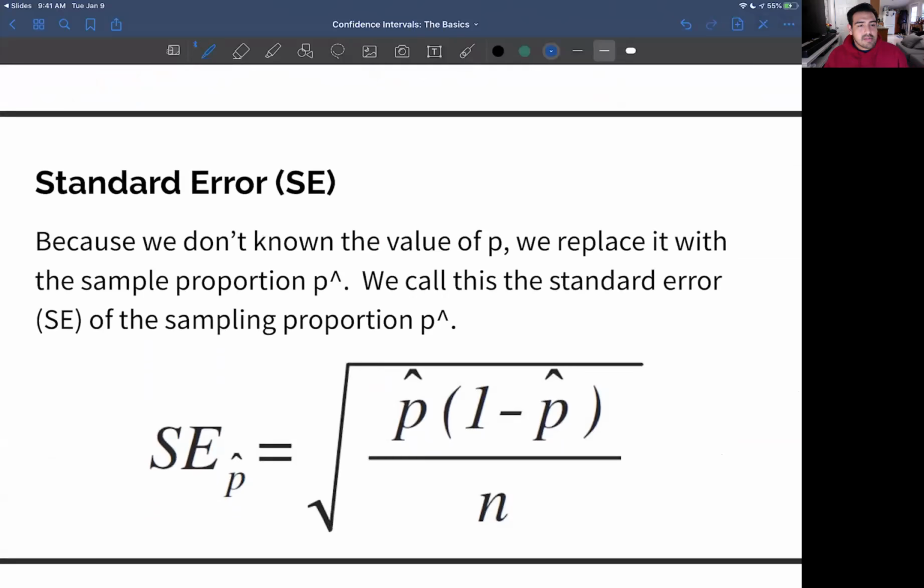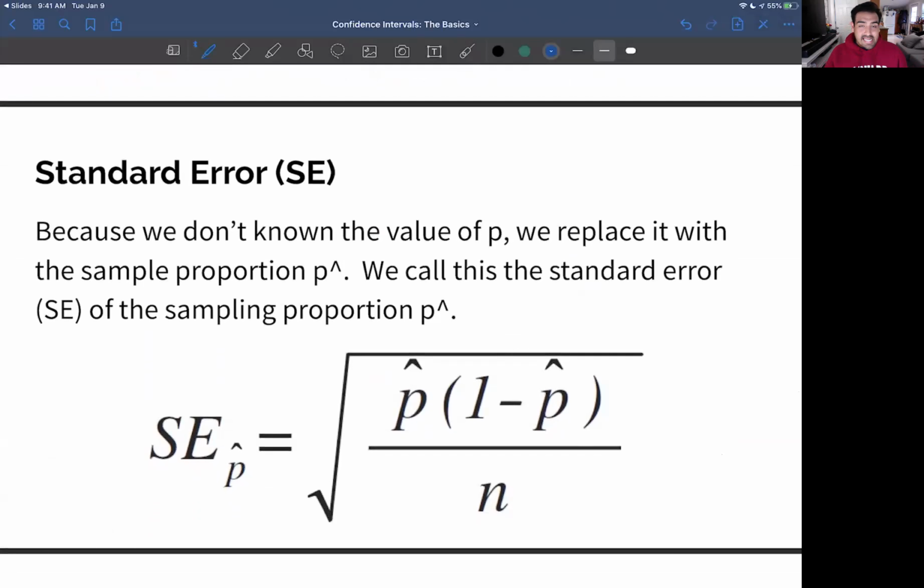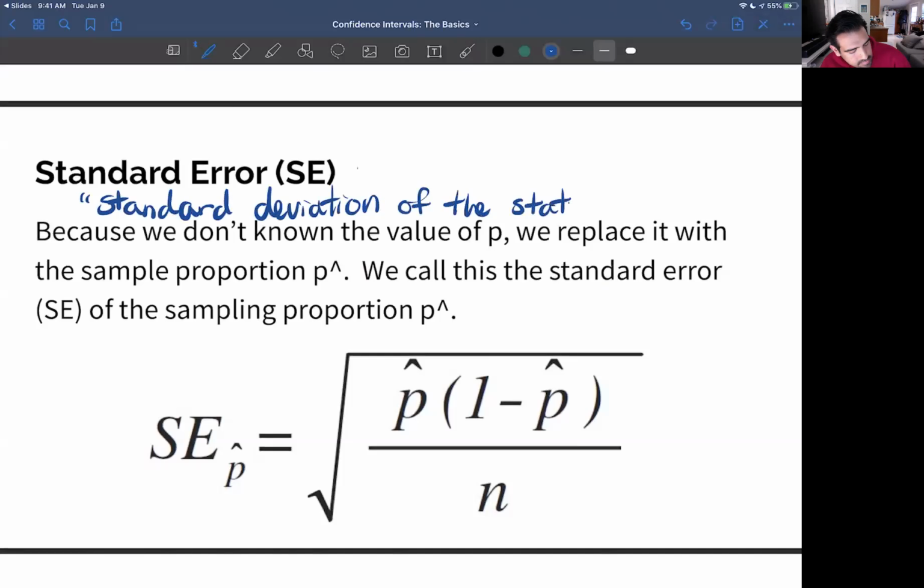So let's talk about standard error. We use SE to represent standard error. Because we don't know the value of p, the true proportion for the population, we're going to replace it with p hat. We're going to call this the standard error of the sample proportion, or you can say the standard deviation of the statistic.